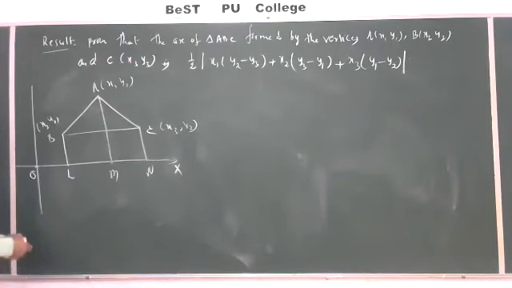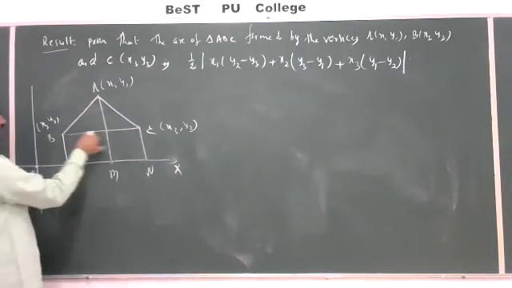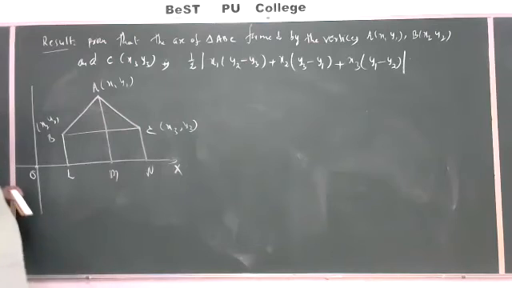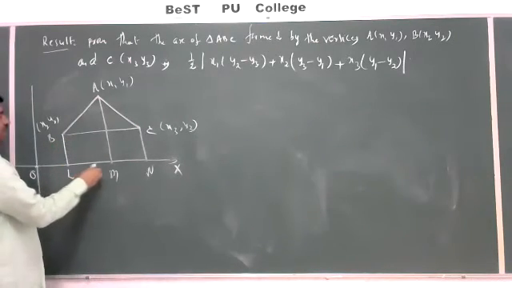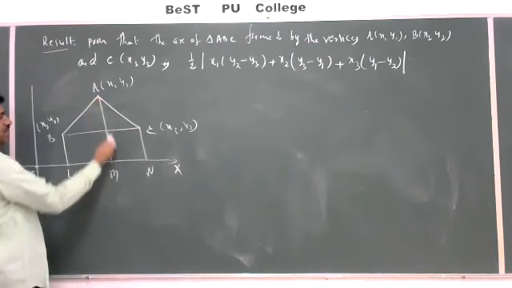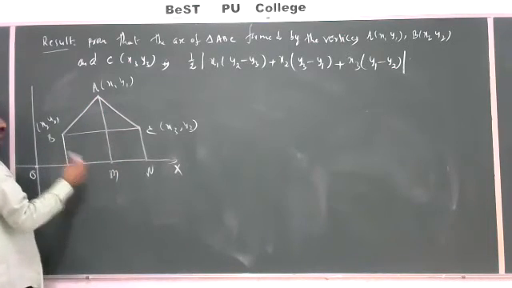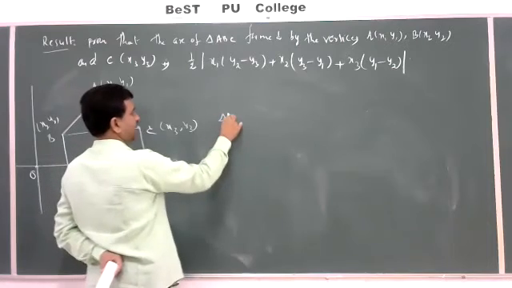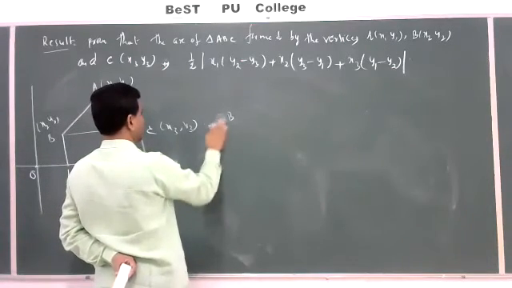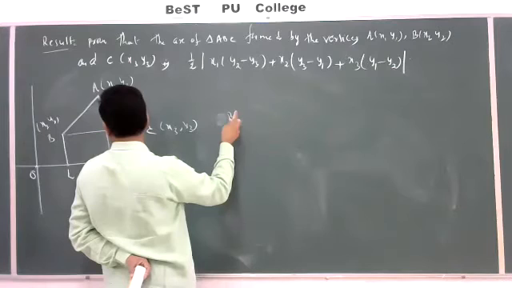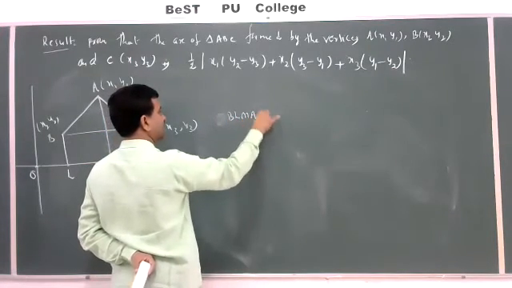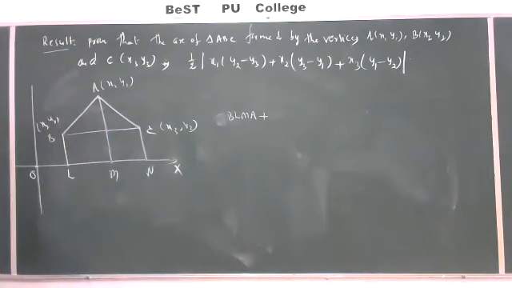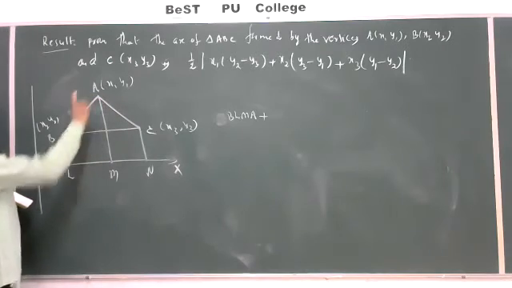Now we require the area of the triangle ABC. See the starting concept, a confusion for you. For this one, I am taking the trapezium, the total area of BLMA. Listen to me. The quadrilateral trapezium BLMA, plus, from the diagram itself, we require this triangle ABC area.